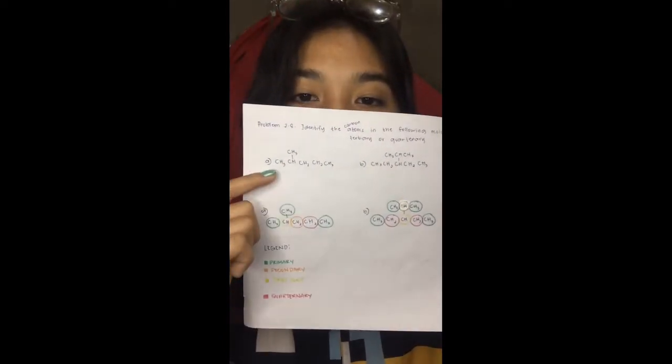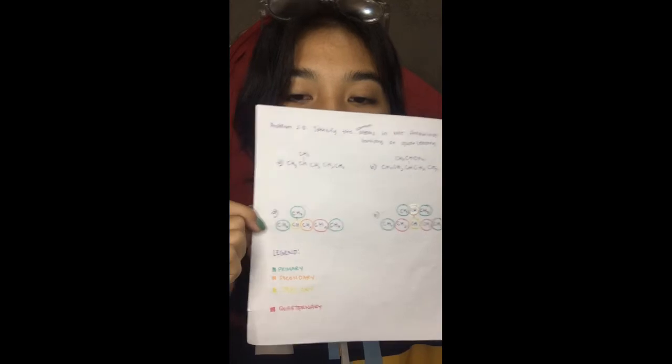And the last carbon atoms is this one. So this all green here is the primary, the CH3, CH3, CH3, CH3, CH3, all the outside part of the carbon atoms.